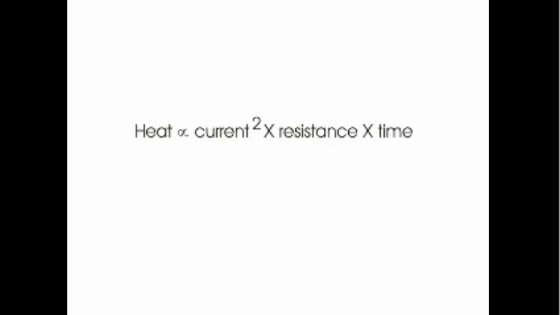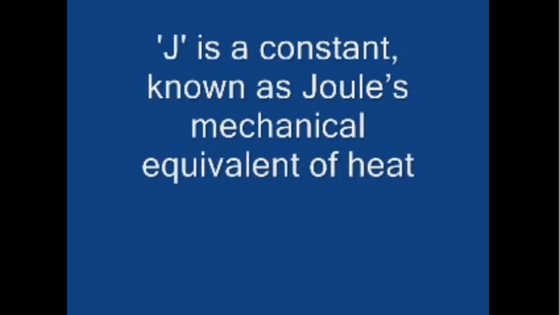If we formulate this, we will get amount of heat H is proportional to square of current I. H is also proportional to electrical resistance R and proportional to T. That means H is proportional to I squared into R into T, which can be rewritten as H is equal to 1 by J into I squared into R into T, where J is a constant known as Joule's mechanical equivalent of heat.